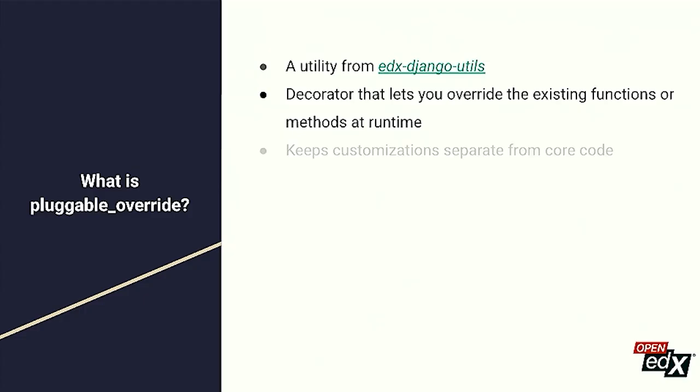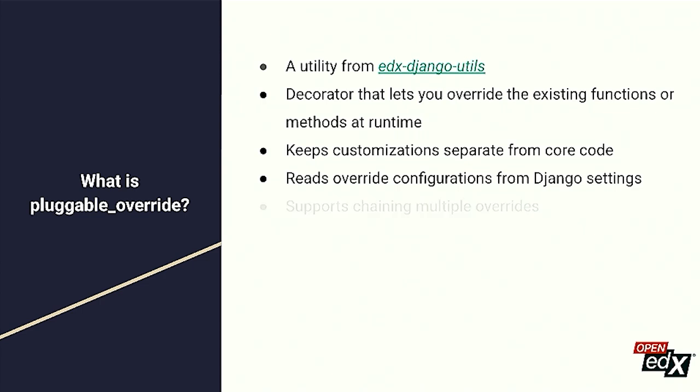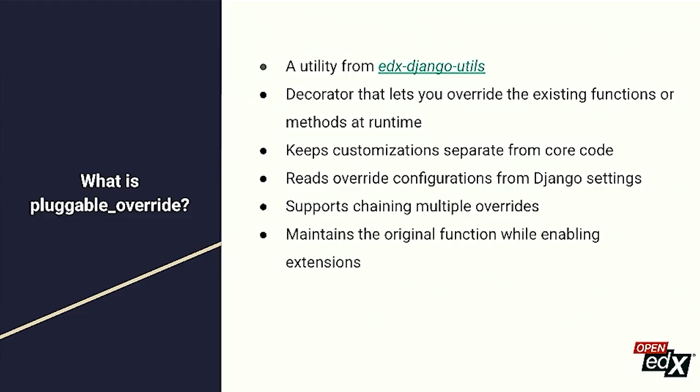What it does is keep the customization separate from the code base, and it enables you to read the overridden configurations from the Django settings itself. This override enables you to inject multiple custom implementations, so we can use chaining of the custom solutions, and all of this without altering the upstream or the original function or the code base.